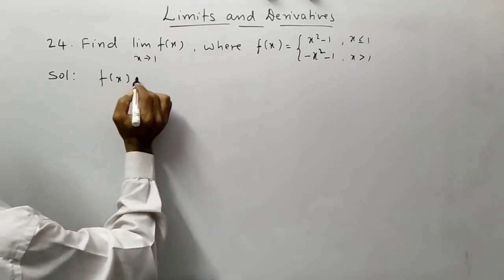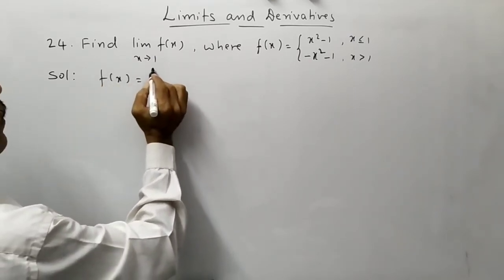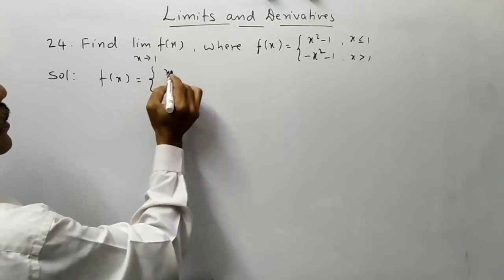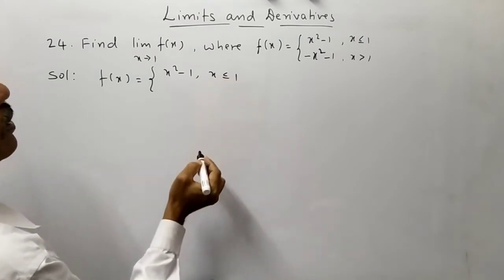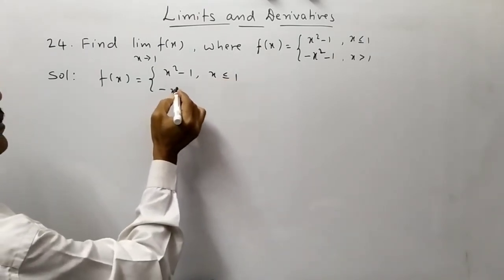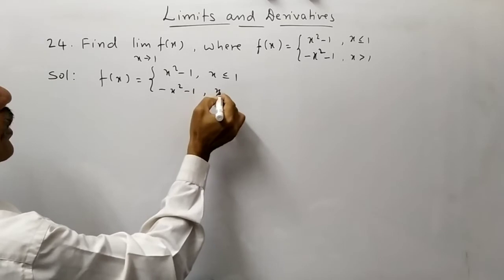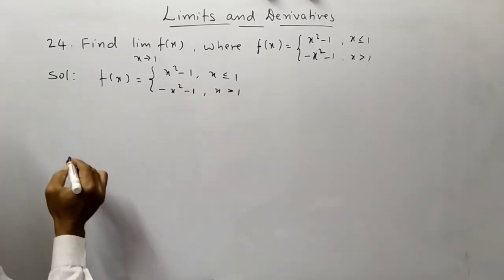f of x is equal to x square minus 1 when x is less than or equal to 1, minus x square minus 1 when x is greater than 1.